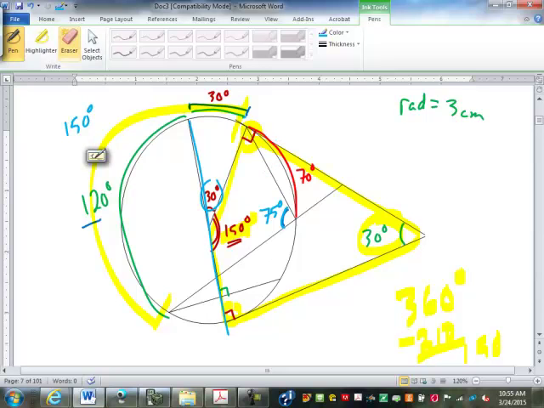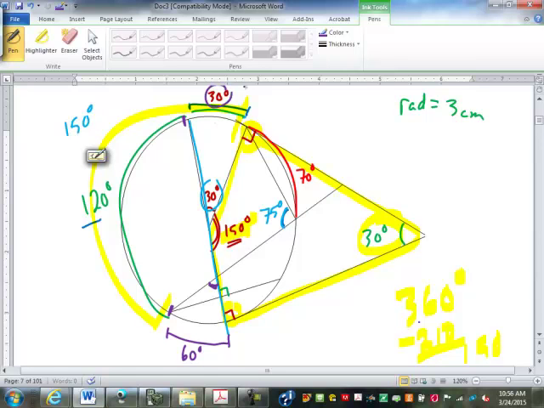EHF. That's this angle right here. Well, to find that angle, we need to know this arc. Well, if this from here to here is 120, this has to be 60, because that's the diameter of a circle, which makes that a 180-degree arc, half a circle.